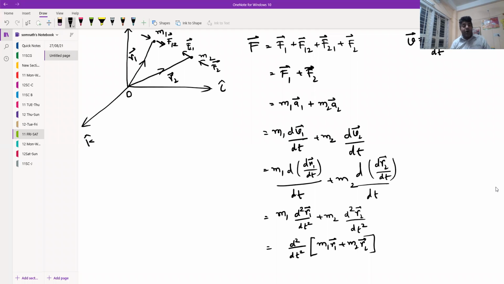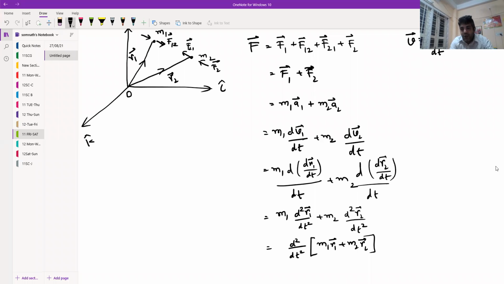So again we differentiate, or indirectly we can say acceleration is the double differentiation of position 1 and position 2, because you have two particles. So we take out that double differentiation term d square by dt square, and we have m1 r1 plus m2 r2. We can't differentiate m1 and m2 because they are constant here. The variable is position, so obviously we differentiate the position. Yes or no, everyone understand?